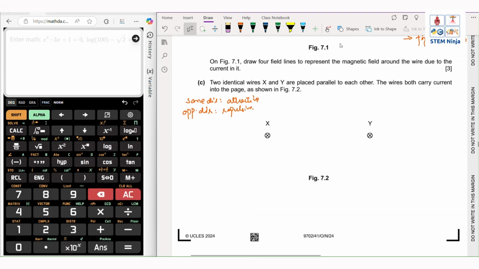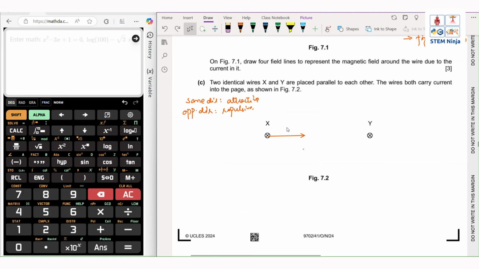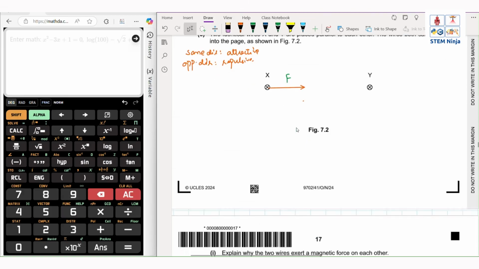So on wire X, the direction of the force will be towards wire Y. And they asked us to label it F.